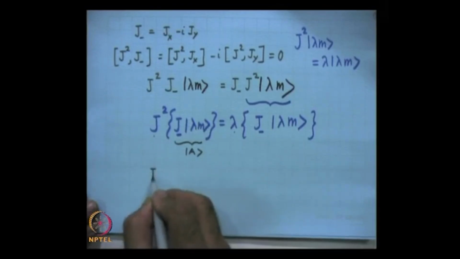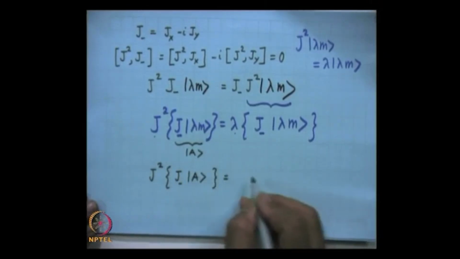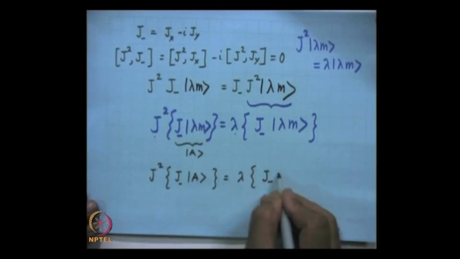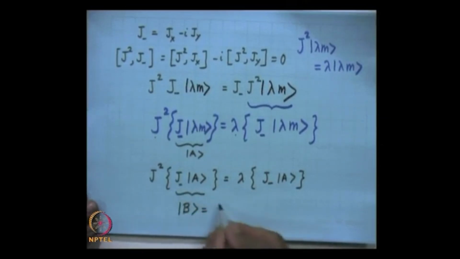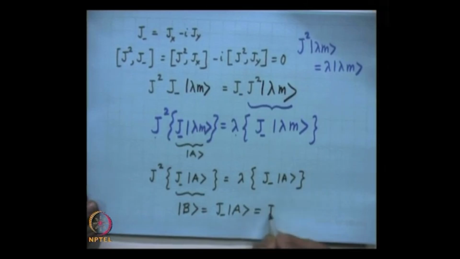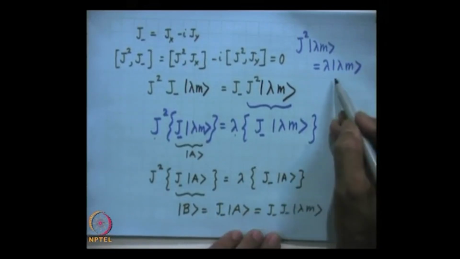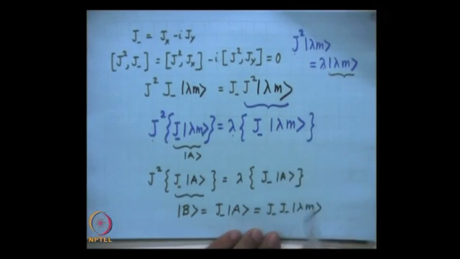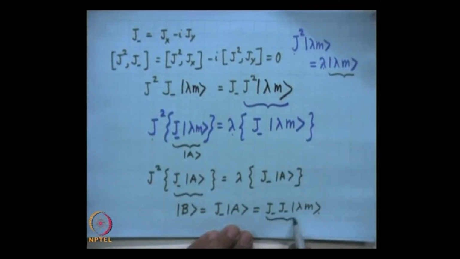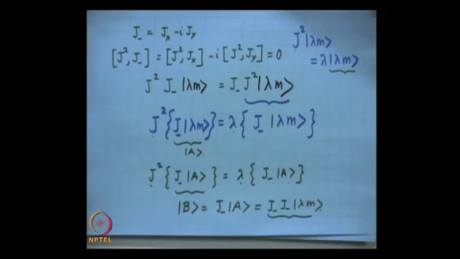So, then we can write down J square exactly in a similar way, J square J minus ket A will be equal to lambda J minus ket A. So, if I denote this by ket B, which is J minus ket A, which is equal to J minus ket lambda m, then we say, please listen carefully, if ket lambda m is an eigenket of J square belonging to the eigenvalue lambda, then J minus ket lambda m is also an eigenket of the same operator J square belonging to the same eigenvalue lambda, provided of course A is not a null ket and J minus A, that is B, is also not a null ket.